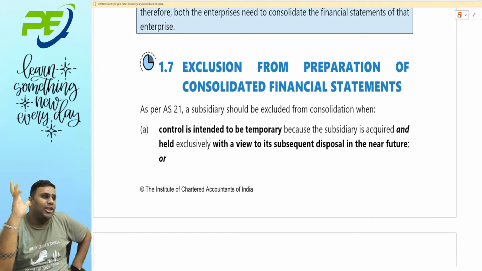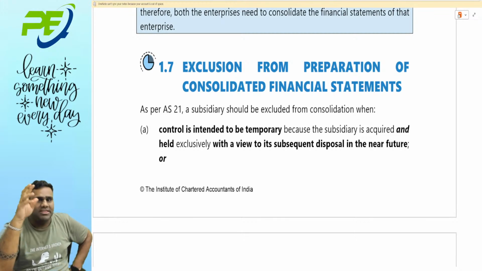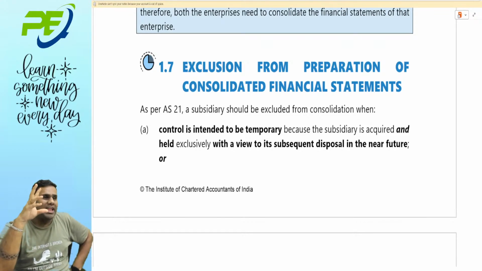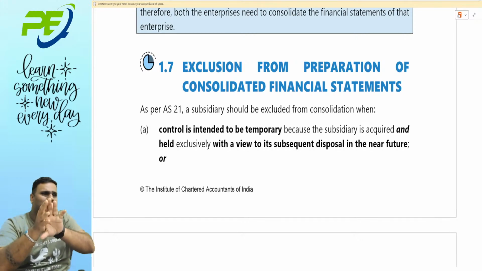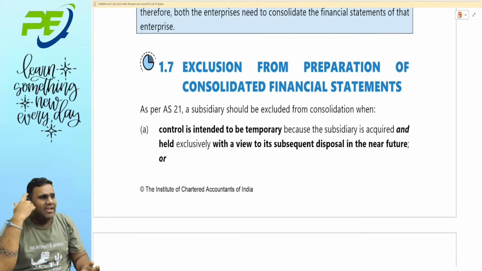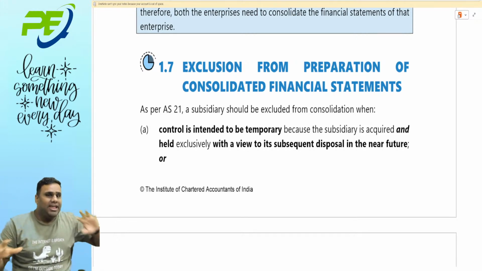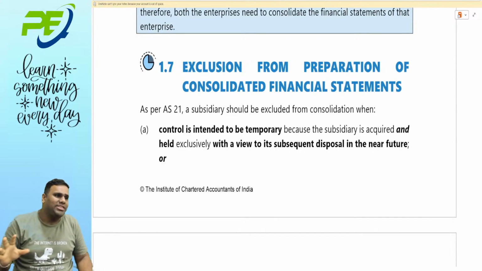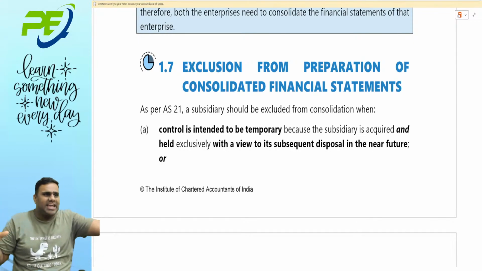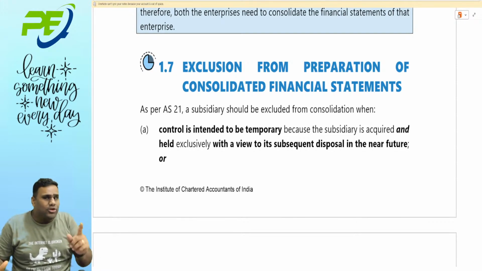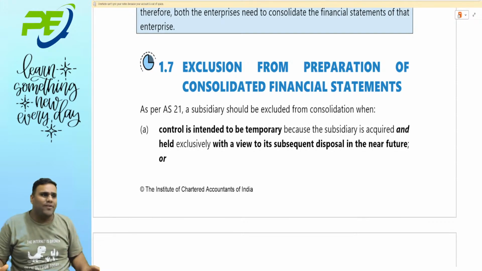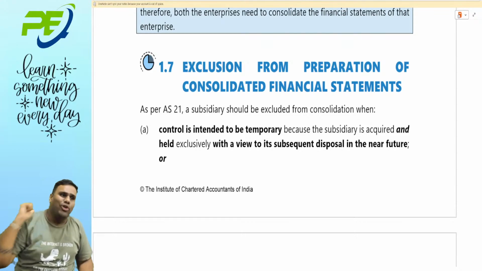Now, law is telling the companies, listen, what are you doing? So law is telling Darshan Limited, you hold the shares of Navya Limited till the case is sorted. So now Darshan Limited is holding the shares of Navya. Now he became holding company.